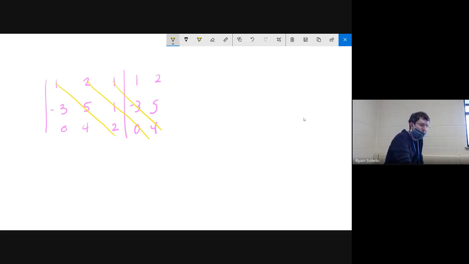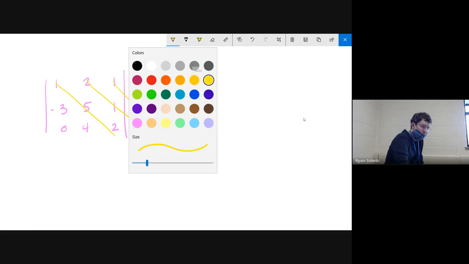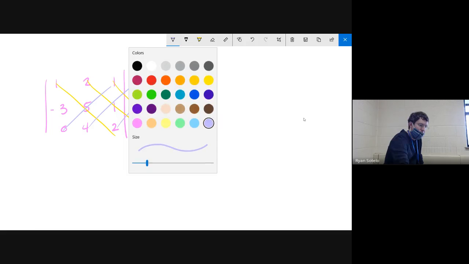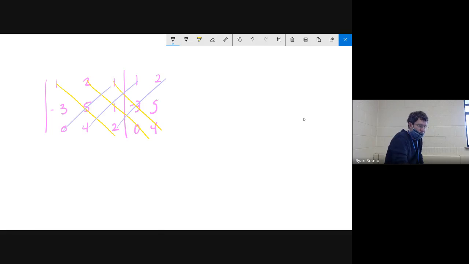I'll multiply those, and I will subtract the products of these. So we have 5, 2, and 1. We have 2, 1, and 0. -3 and 4 and 1.